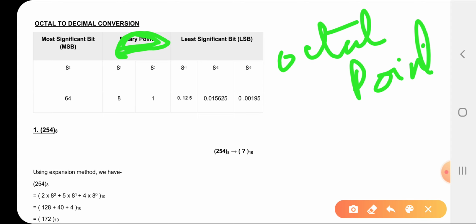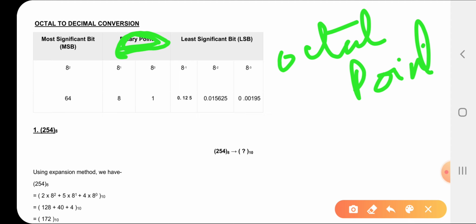Okay, so the most significant digit and the least significant digit. Before the octal point you see 8 power 0, 8 power 1, 8 power 2. So you should know how to find the powers of 8. 8 power 1 means 8, 8 power 2 means 8 into 8, 8 power 3 means 8 into 8 into 8, that is 512.